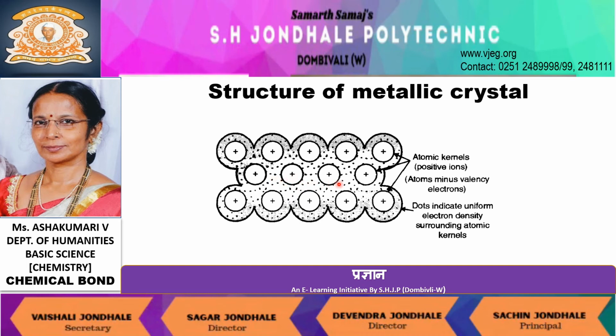Kernels occupy fixed position, but valence electrons lie in between the kernels and these are mobile. The binding force is attraction between positive ion of metal and the electron cloud, and that is nothing but the metallic bond.